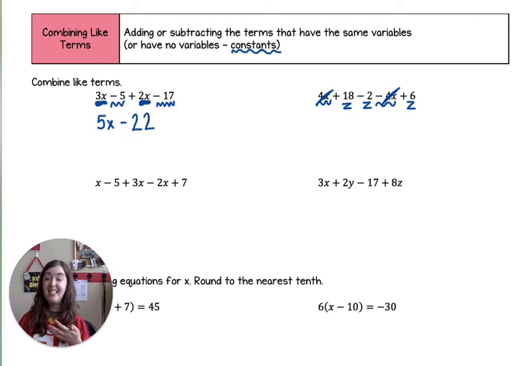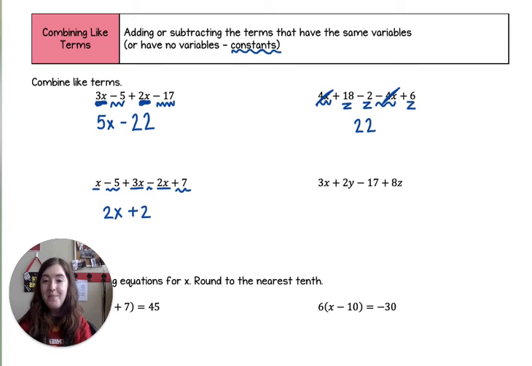So since none of those have a letter or a variable with them, I'm just going to add them together like a normal person. So 8 minus 2 is 6, plus 6 is 12. Since when I added those x's together, they went away, I don't have any x's left. Go ahead and try the next one.